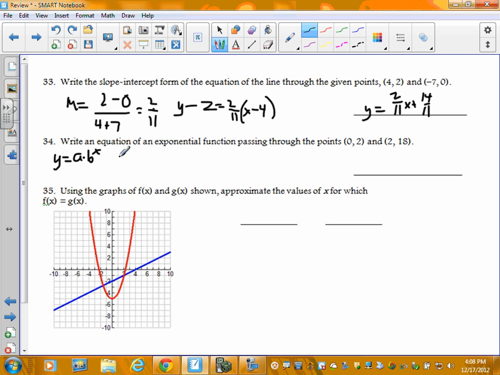So if I plug that number in, I get y equals a times b to the 0. Well, b to the 0 is 1, and so I find out that a is equal to 2. So a is 2.